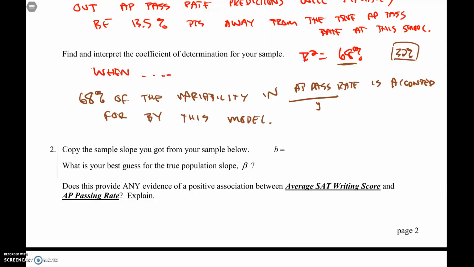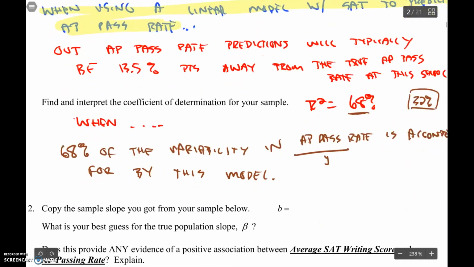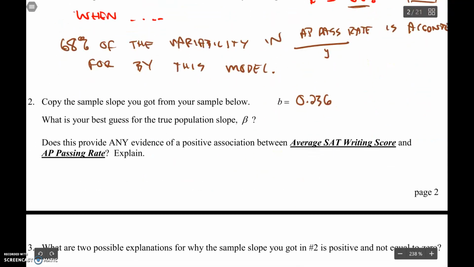Copy the sample slope you got right here. Okay, my sample slope was 0.236. That would be in the units of change in y over change in x, so percentage points per SAT point.